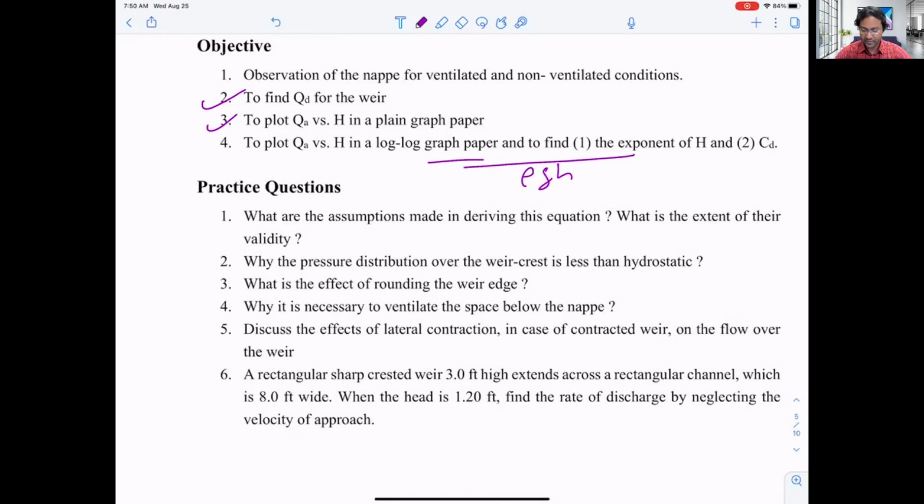Definitely there will be some effect, and their validity is limited if you use that extensively, but practically we are using this relationship and it's working, so their validity is okay with a wide variety of cases. Okay, so it is valid.